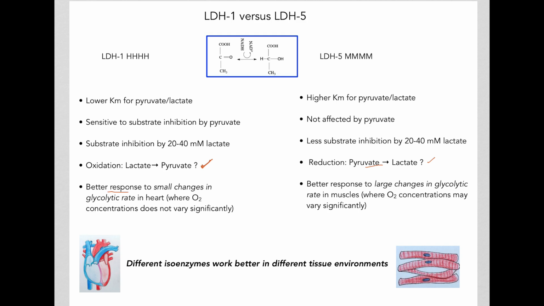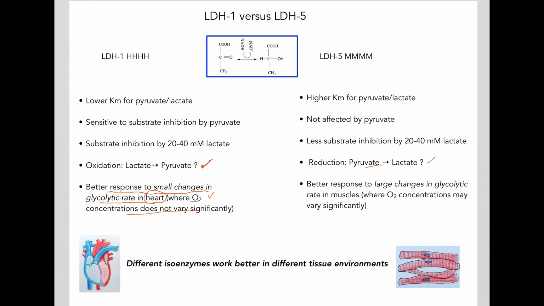has a better response to small changes in glycolysis rate, and it's something you see in the heart, where the oxygen concentration doesn't vary significantly, and therefore the rate of glycolysis doesn't vary significantly.